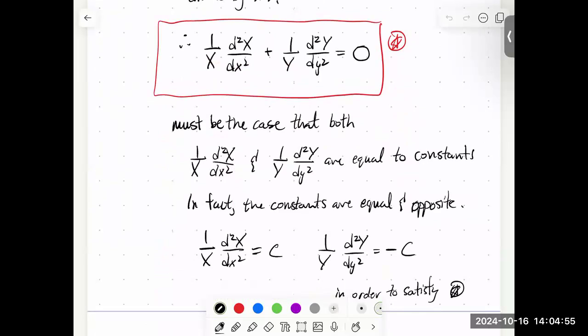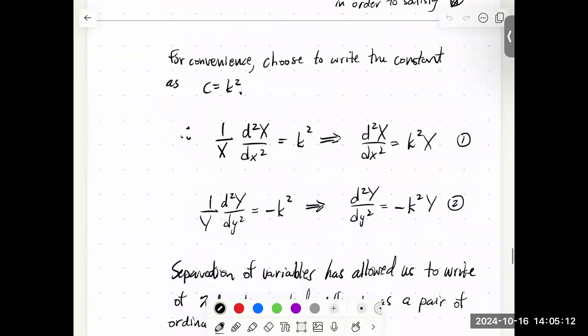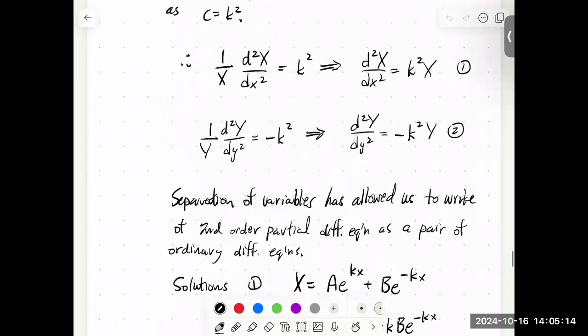The only way we can guarantee that is if the two terms are separately equal to the same constant, one of them with a minus sign. So we chose to make the x term equal to c and the y term equal to minus c. What separation of variables does for us is separate our partial differential equation, Laplace's equation, into two ordinary differential equations, equations 1 and 2.